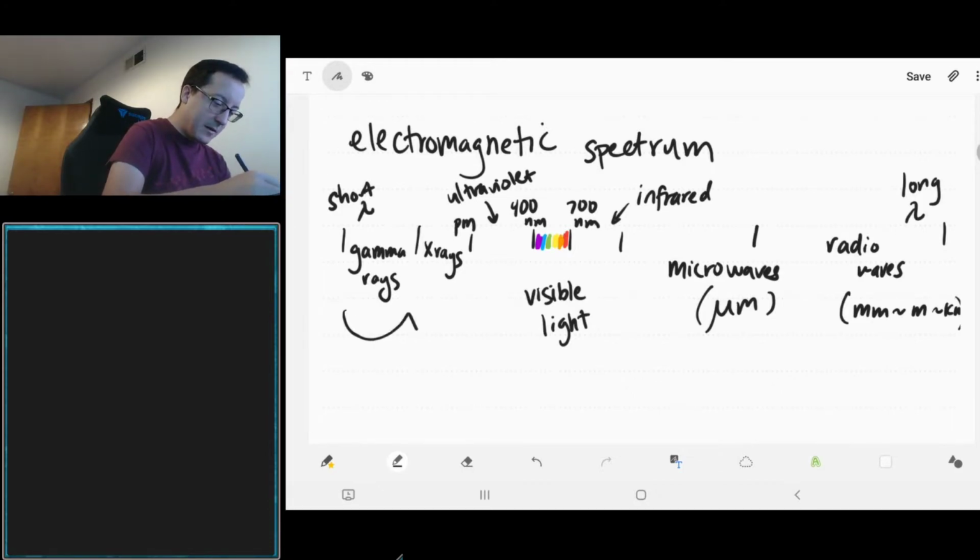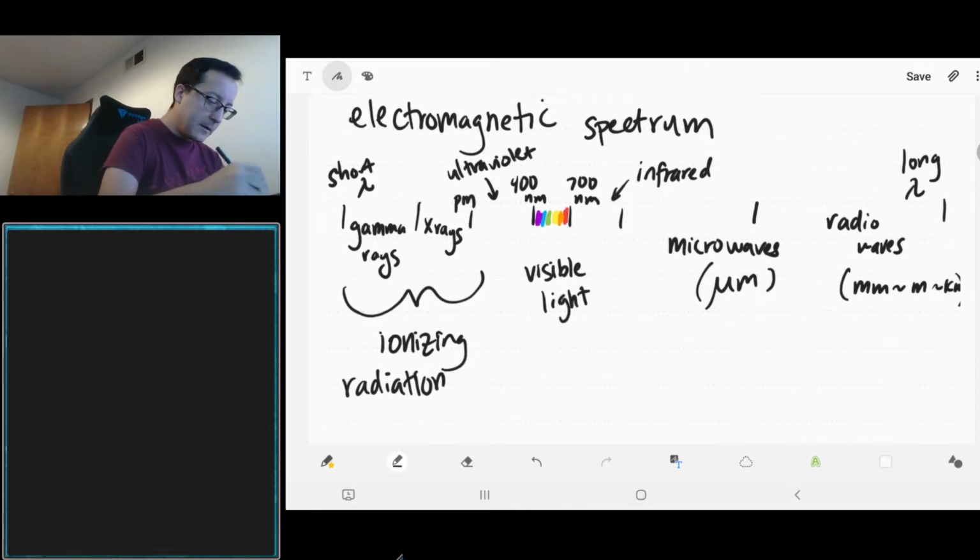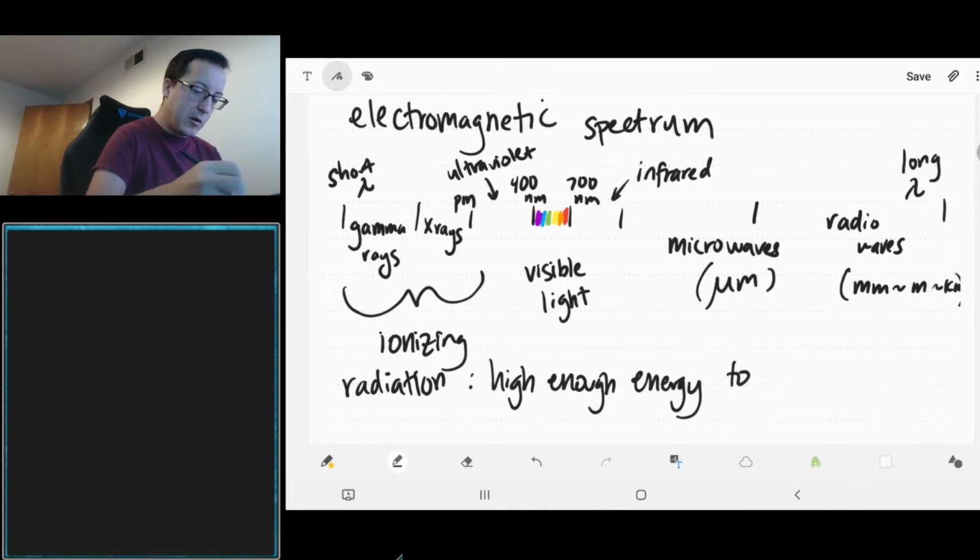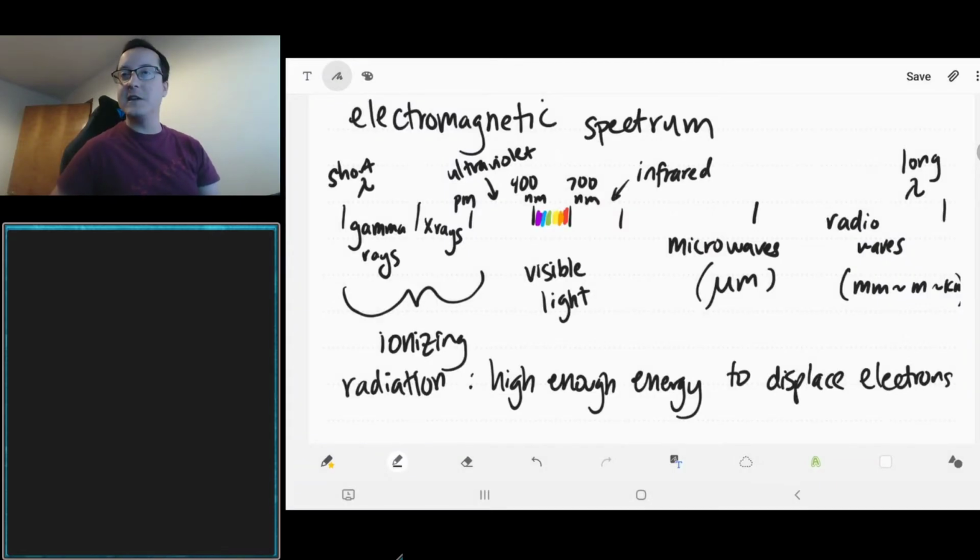Down here is what's called ionizing radiation. This is high enough energy to displace electrons. So electrons, as we know, are orbiting the atom, zipping around the atom.